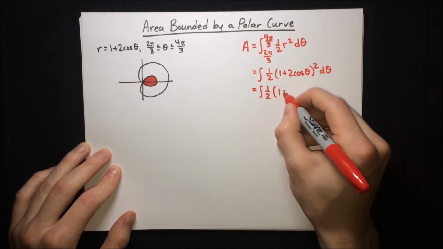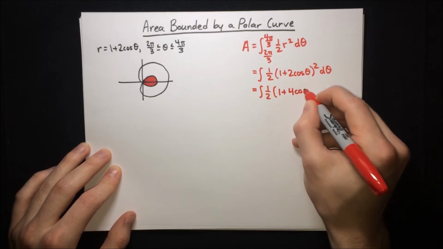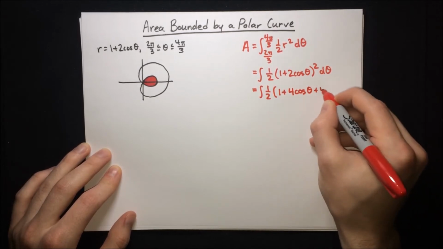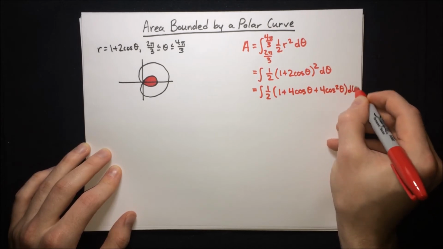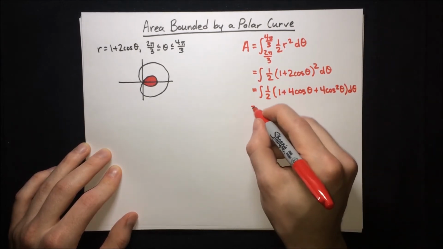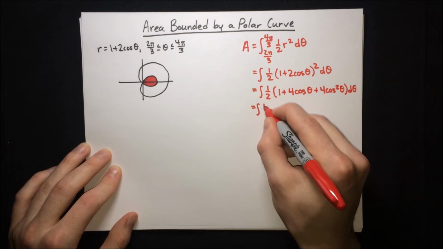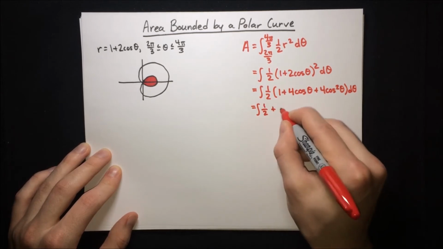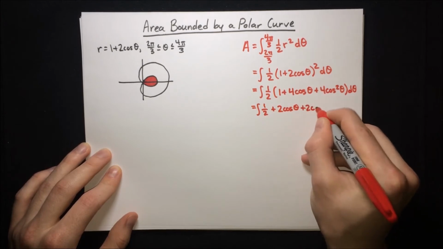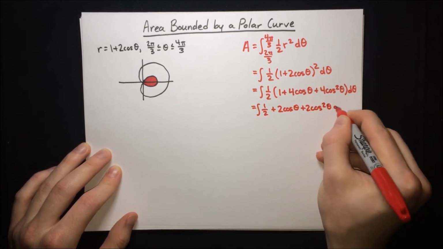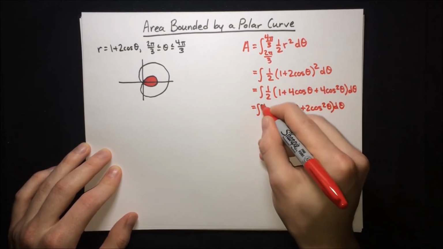So that's 1 plus 4 cos theta plus 4 cos squared theta d theta. And we'll go ahead and distribute through our 1/2. So it's a half plus 2 cos theta plus 2 cos squared theta d theta.